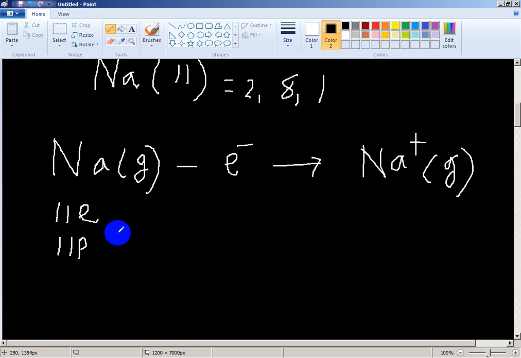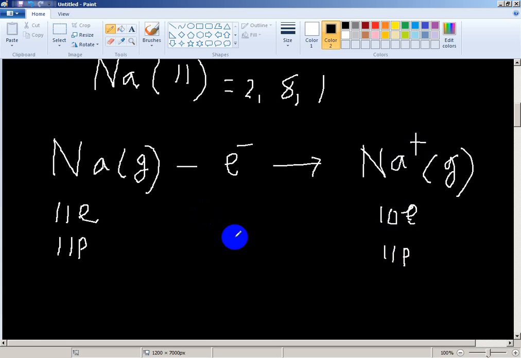The number of electrons and protons are the same. If it loses 1 electron, then it becomes 10 electrons when it is an ion, but the proton number remains the same. So there are 11 positive protons and 10 negative electrons, so 1 positive more. So 1 positive charge.